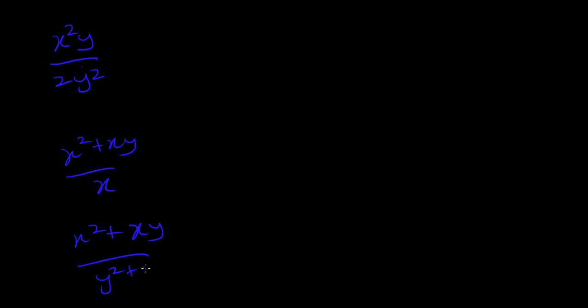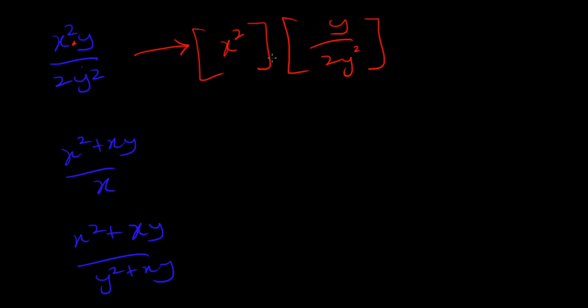Try to separate this. Whenever you see multiplication and division between x and y, you can easily separate it in terms of x squared and then y over 2y squared. See, you can easily separate into an x function and a y function.